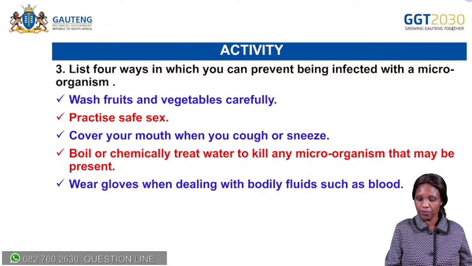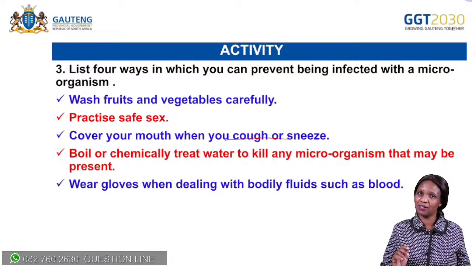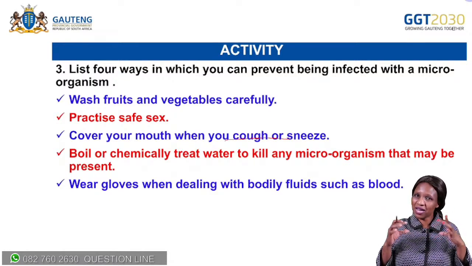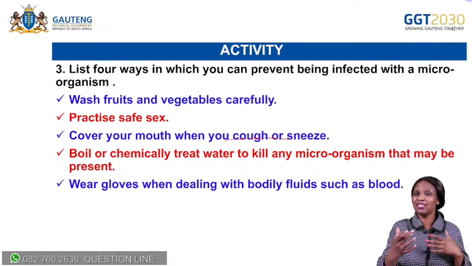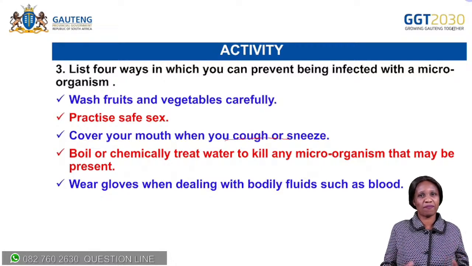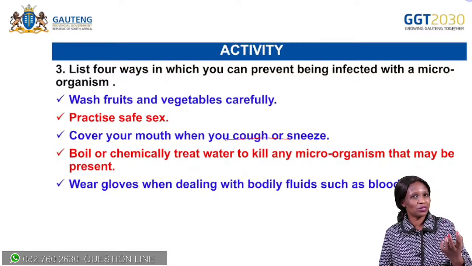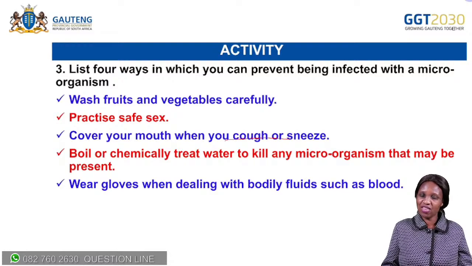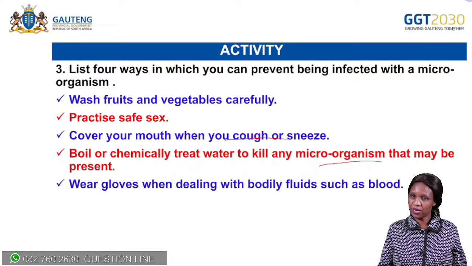And you need to cover your mouth when you cough or even sneeze. That's why now we've got masks. We put our mask on so that COVID-19 cannot be transmitted from one person to another. We are protecting ourselves and we are protecting other people. And then we need to boil or chemically treat water to kill microorganisms that may be present.